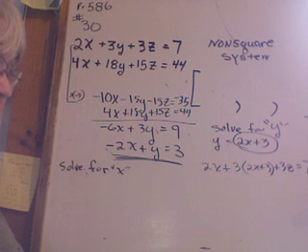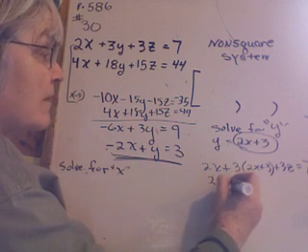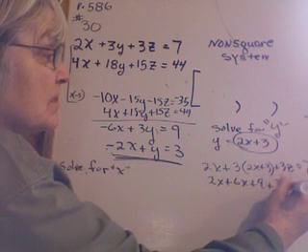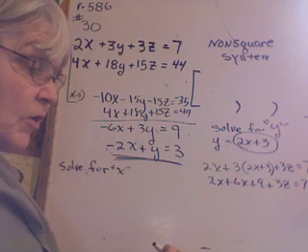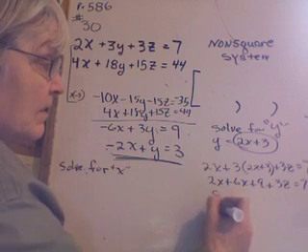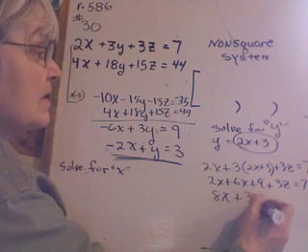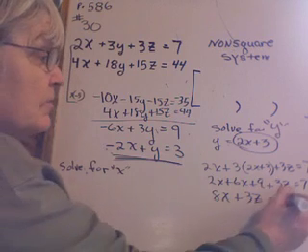And then I'm just going to solve that out. So 2x plus 6x plus 9 plus 3z equals 7. Now I'm going to add my like terms. I get 8x plus 3z equals -2.